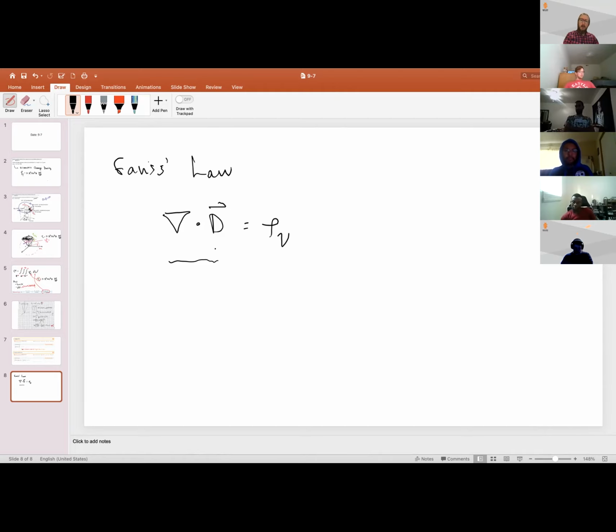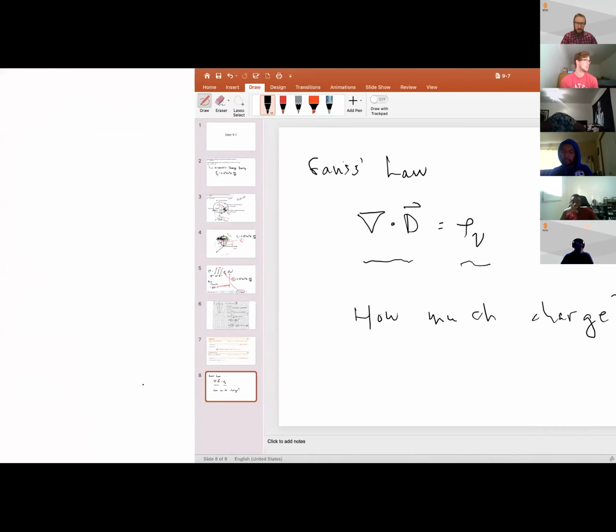Anywhere you have the source of an electric field, which is related to the electric flux density, you have a charge volume located at that place. And if you want to know how much charge, you could write an integral like this.